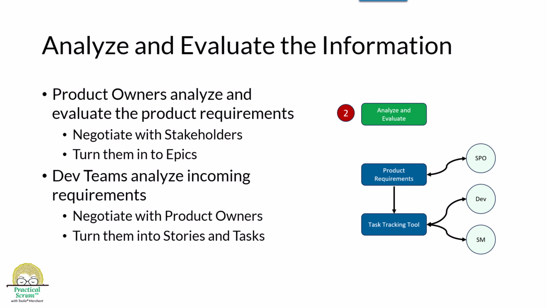Scrum and Kanban teams analyze the incoming product requirements as they're submitted and process them into stories and tasks. They evaluate and make decisions about when features will ship and who will handle the segments of the product. So we're already using our critical thinking skills to select and extrapolate the work to be done.